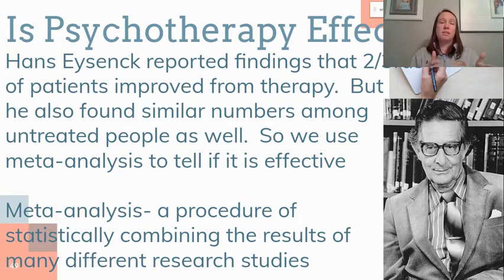Well, 2/3 of those, yes, they did. So he's like, sweet, therapy is very effective. Then he took just a group of people who did not go to therapy, and it was like, yes, you improved, no, you did not. And he got almost the same results. Not quite 2/3, but almost. So even if you don't seek treatment, you can improve over time, or you can improve yourself.